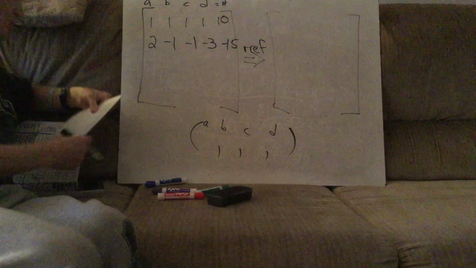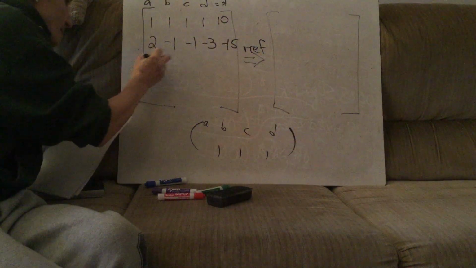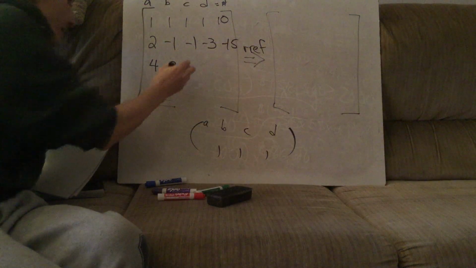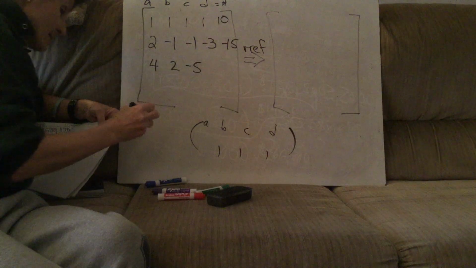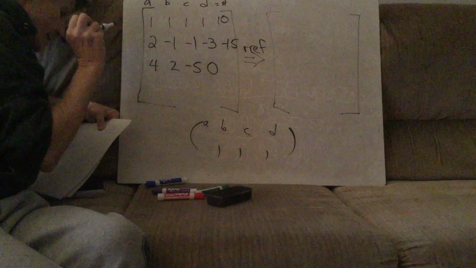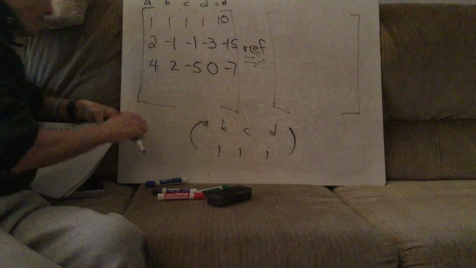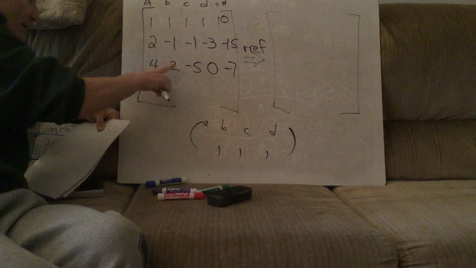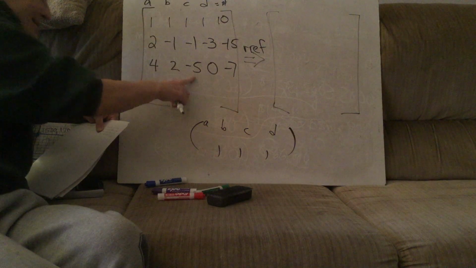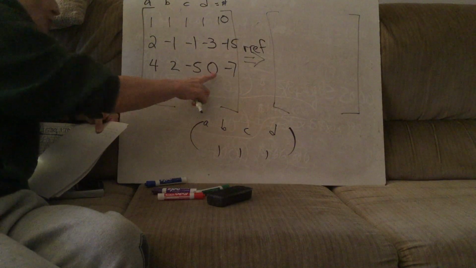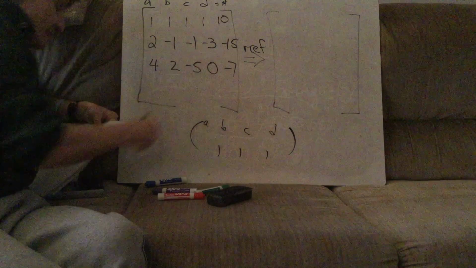Okay, now the third equation. We have 4 A's, 2 B's, negative 5 C's, no D's, equals negative 7.